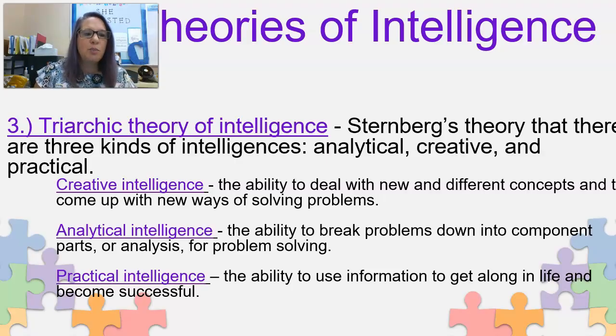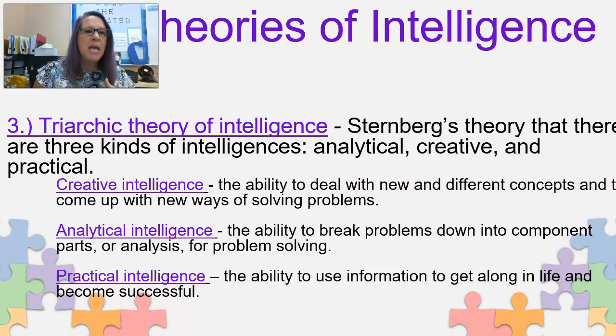And then the last one is practical intelligence. This is just the ability to use information that you've gotten from any source to get along in life and be successful. This practical intelligence is sometimes called street smarts. You've probably heard of people being described as book smart and street smart.